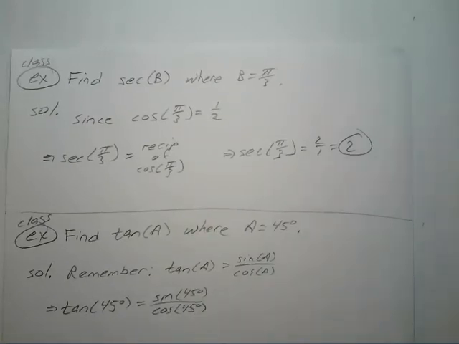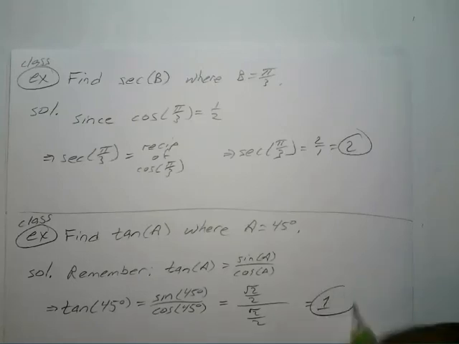Remember, 45 degrees is just pi over 4. Okay, so that's going to equal square root of 2 over 2 over square root of 2 over 2. Anything divided by itself is just 1.